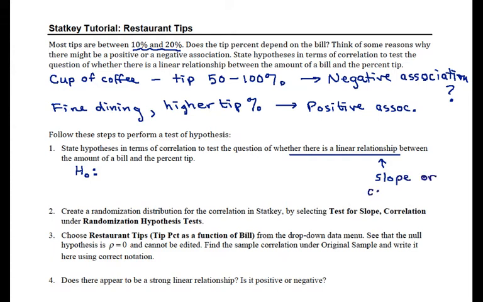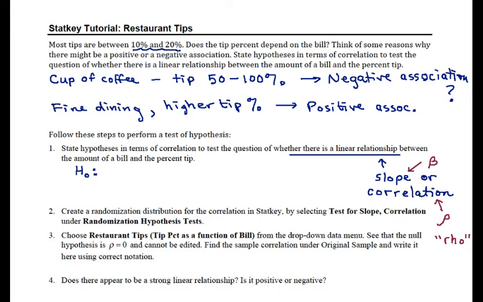Realize we're talking about two quantitative variables here. So I could write these hypotheses in terms of either slope or correlation. I'll go ahead and do this in terms of correlation. If I were using slope, I would use beta. That's the parameter. For correlation, remember that that's the Greek letter rho.